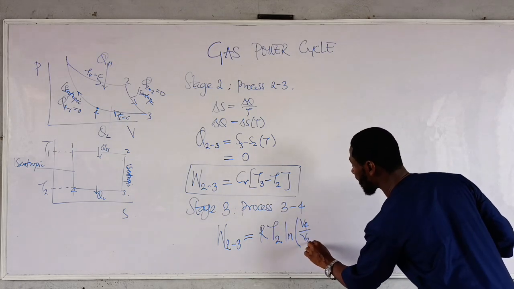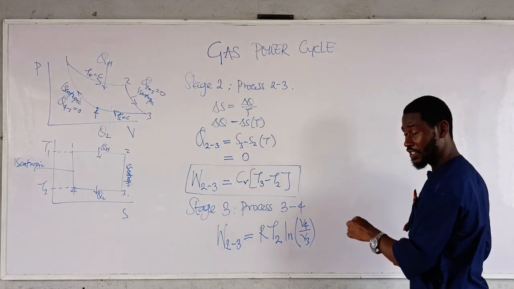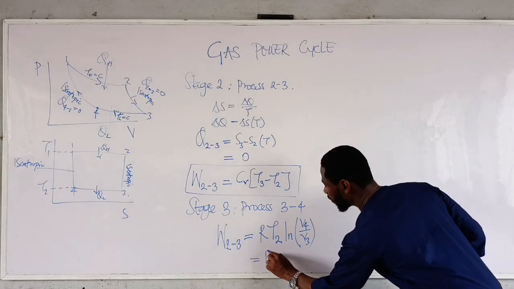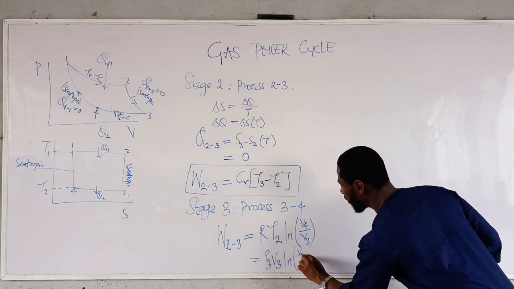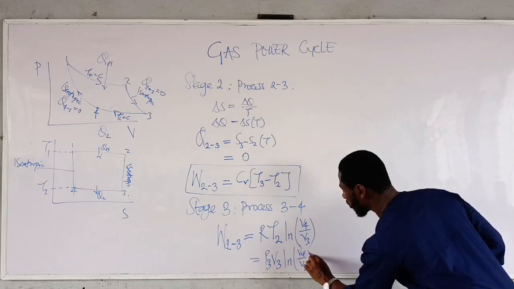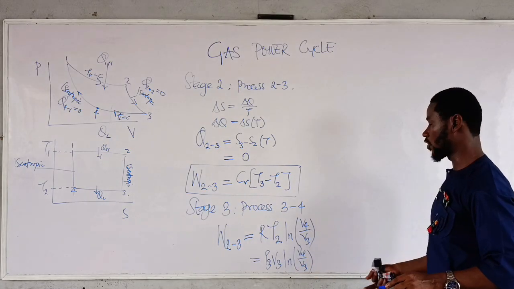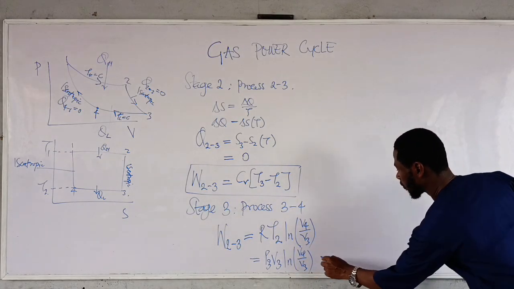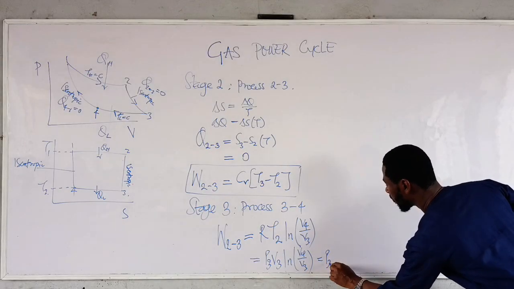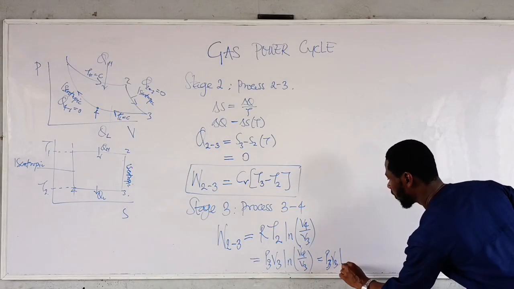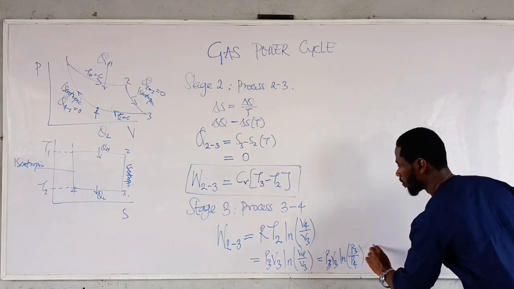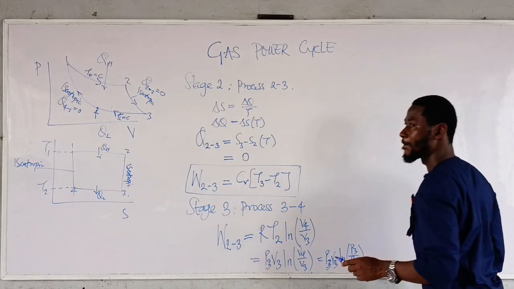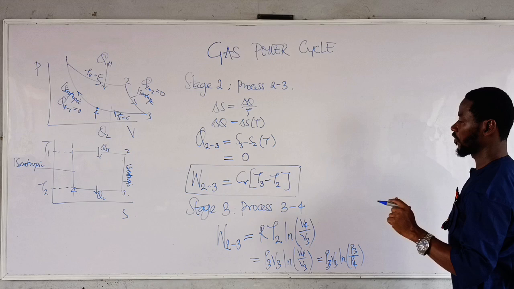If I am to do it in terms of volume, you see it now, it will be P3 V3 ln V4 over V3. In terms of pressure, it becomes P3 V3 ln P3 over P4. So this is the work transfer for stage 3.